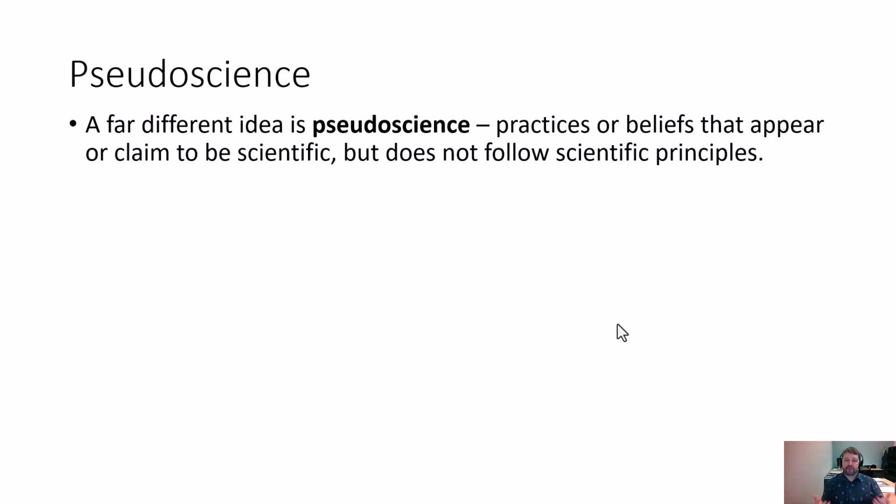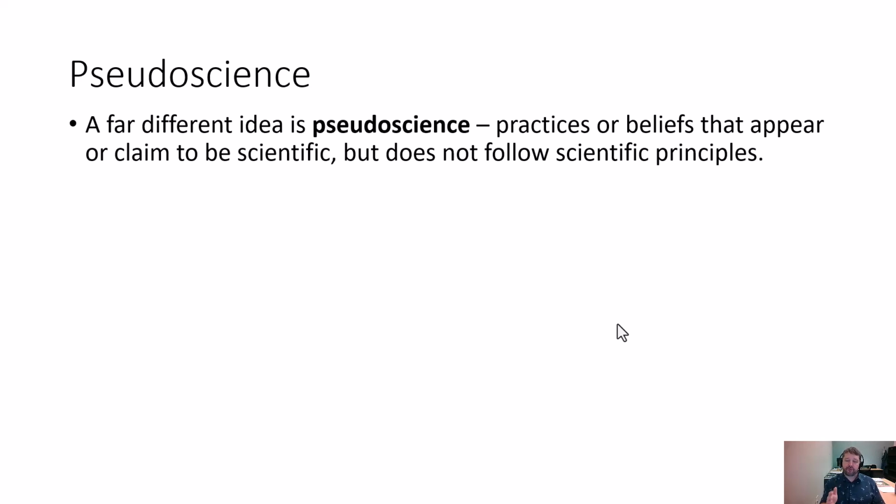You have to collect the data, you have to analyze the data, and then you can present the data. Okay, so pseudoscience is often presented as if it is science, but doesn't follow those scientific principles. Okay, and we're going to talk about the scientific method in just a little bit.